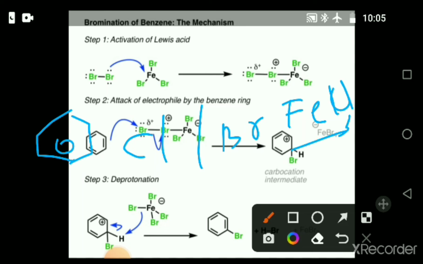In the presence of a catalyst, one of the hydrogen atoms on the ring is replaced by chlorine or bromine. This is called a halogenation reaction.